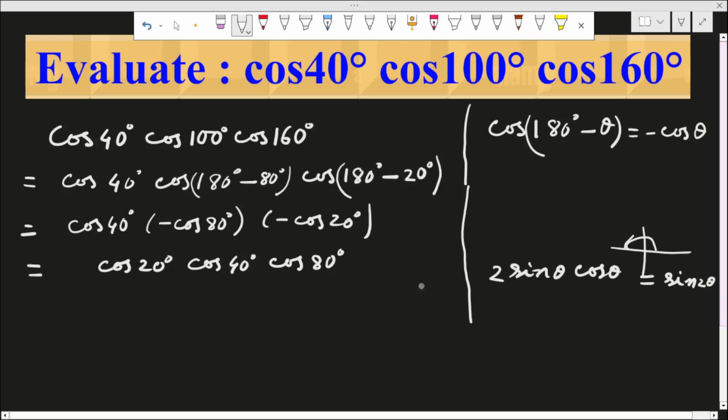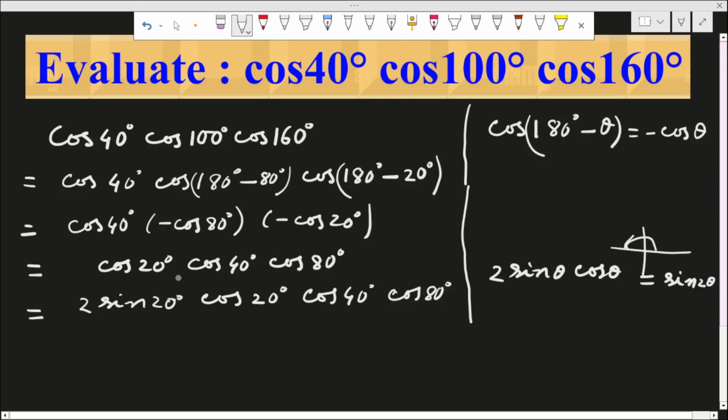The formula may be used continuously. So to do so, writing 2 sin 20 degree cos 20 degree, cos 40 degree, cos 80 degree.